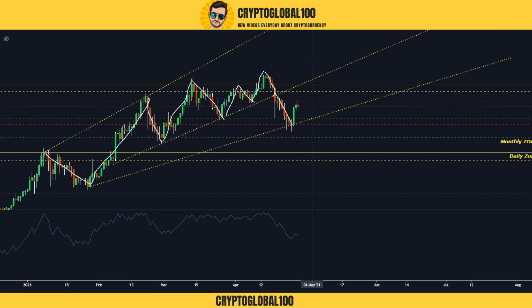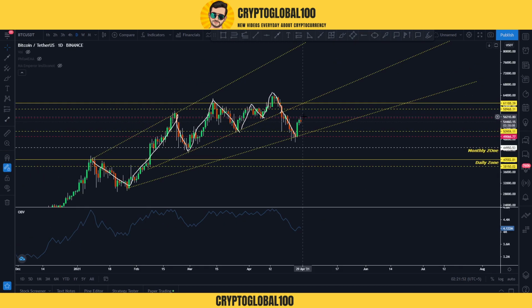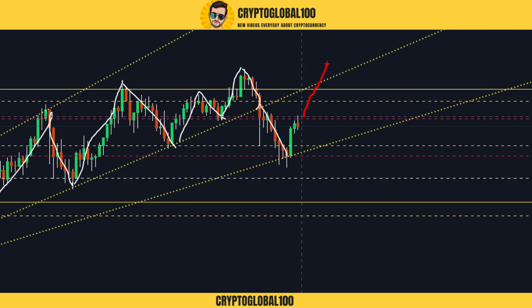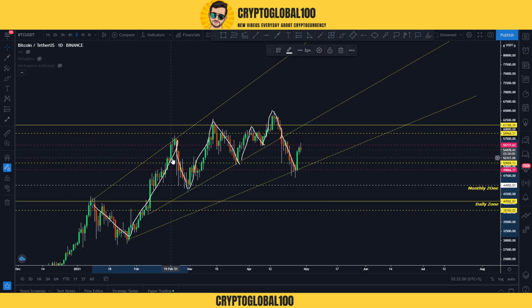And the third thing is, if the price moves up and this moves up as well, then we would be bullish and we're surely going to break this level and make an all-time high. So this is the analysis from the OBV, on balance volume.